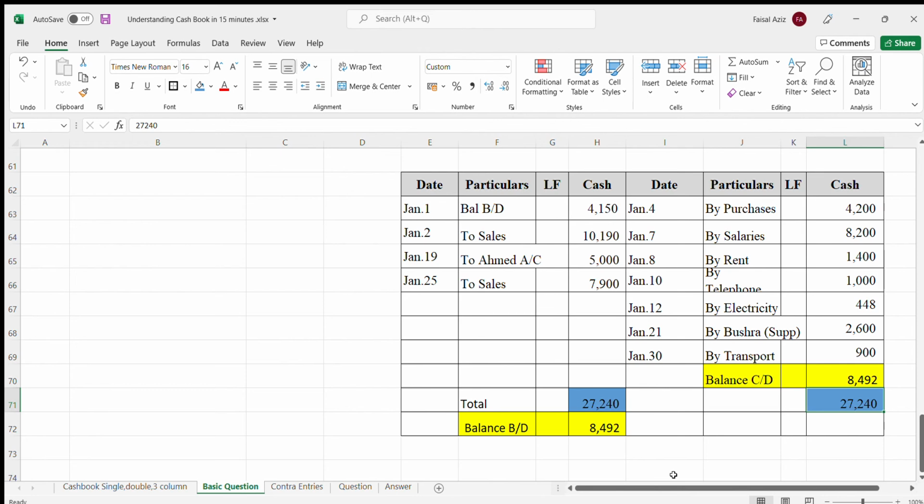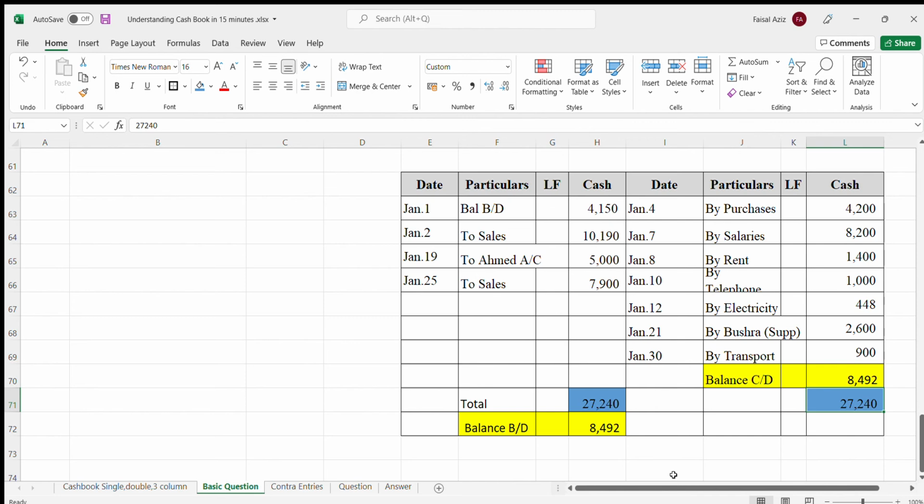Viewers, we have some advantages of cash books. The first advantage is that it helps in saving time and labor, as in case of recording cash transactions in the journal, tremendous time and labor are required. Whereas in the case of cash book, cash transactions are recorded straight away, that is in the form of the ledger.